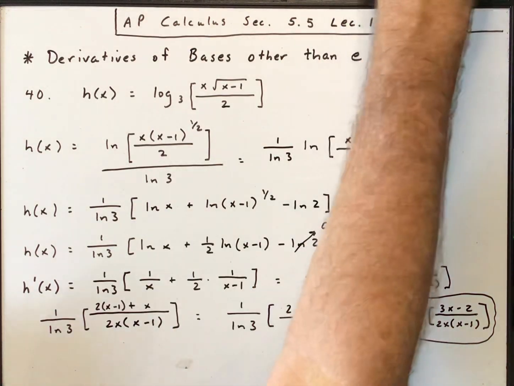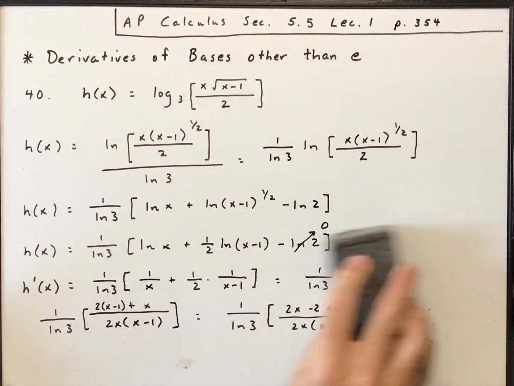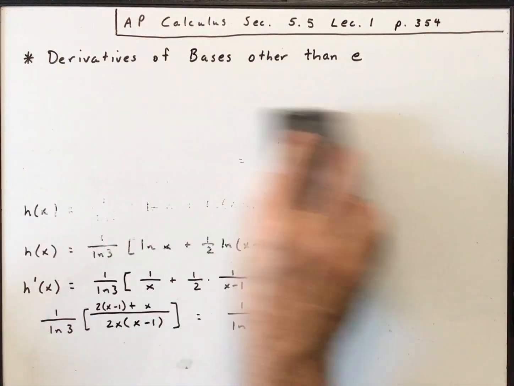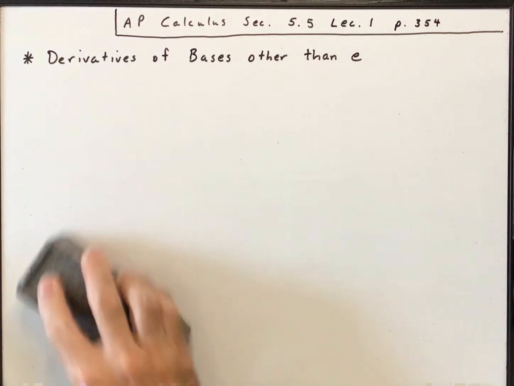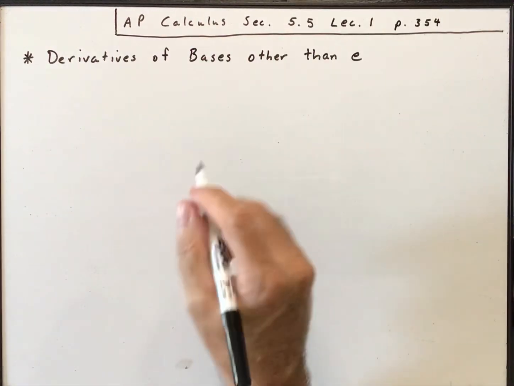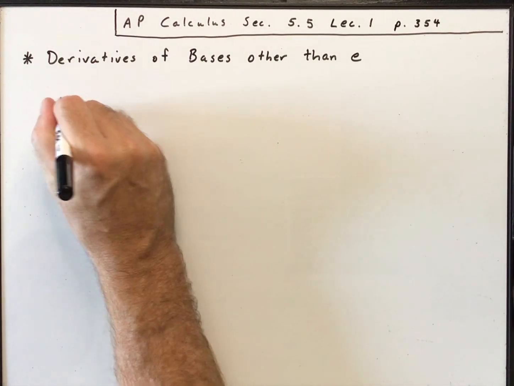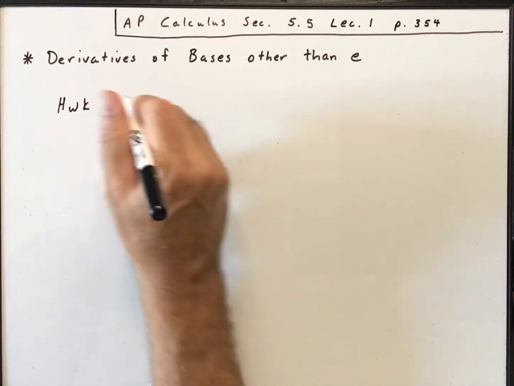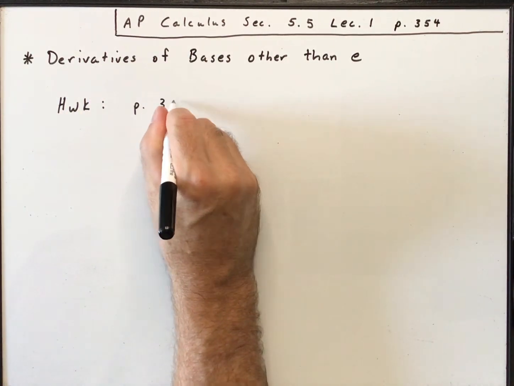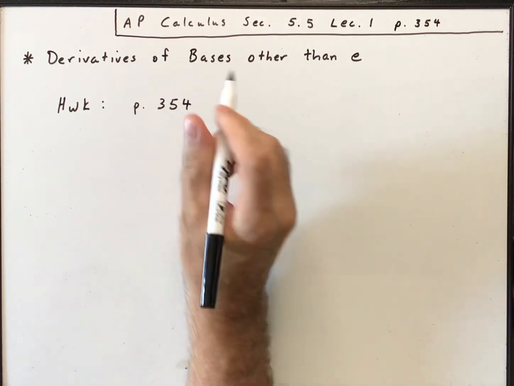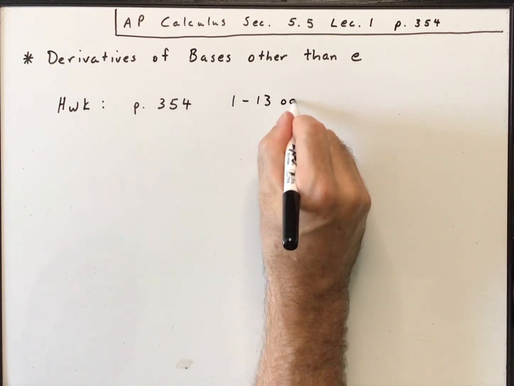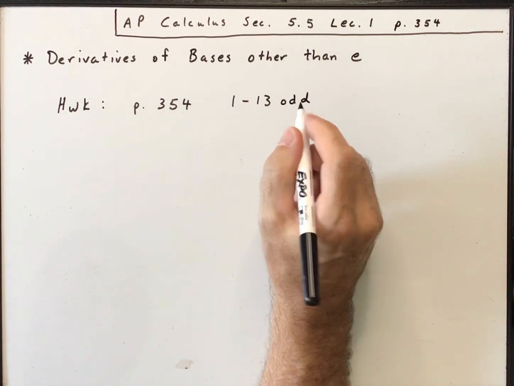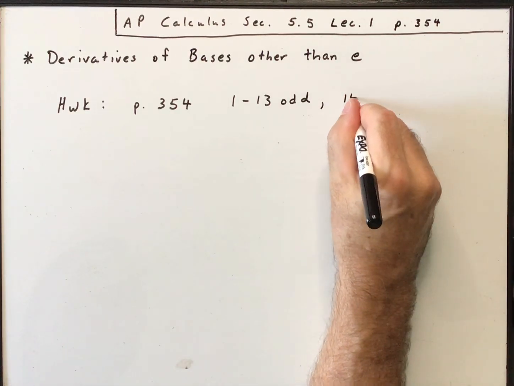All right, so let's write down the homework. The homework is page 354. You want to do 1 through 13 odd. Should do 14b.